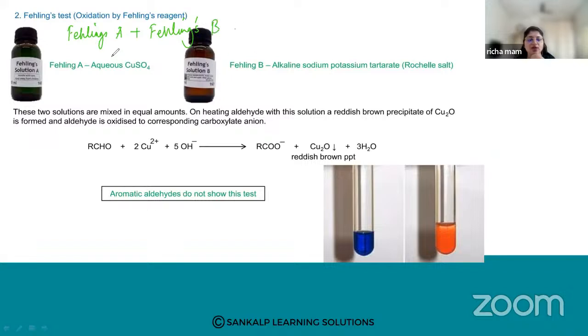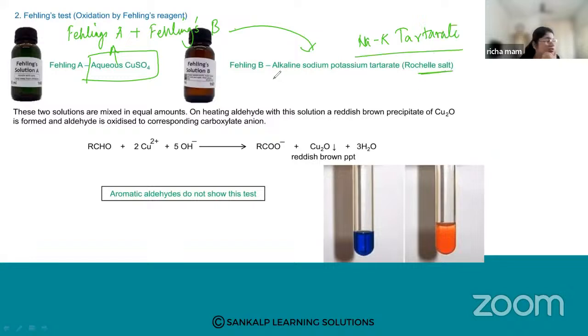So Fehling's A is what? Aqueous copper sulfate solution is Fehling's A. And what is Fehling's B? It is the sodium salt, that is sodium potassium tartrate, which is called Rochelle salt.